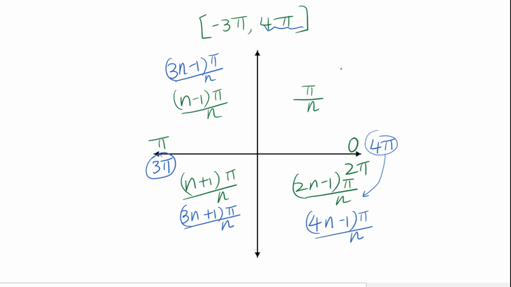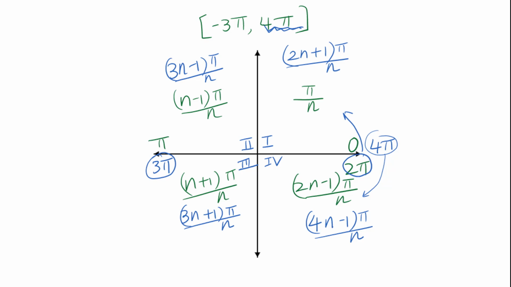You cannot write (4n plus 1) pi over n because we stop at 4 pi. But for this 2 pi, you can write down over here (2n plus 1) pi over n. Because for the first and the third it is a plus. For the second and fourth it is a minus.